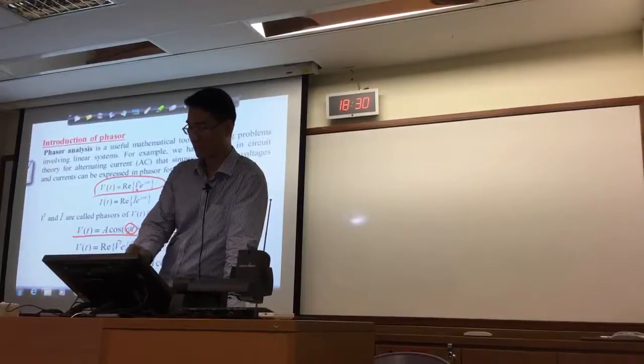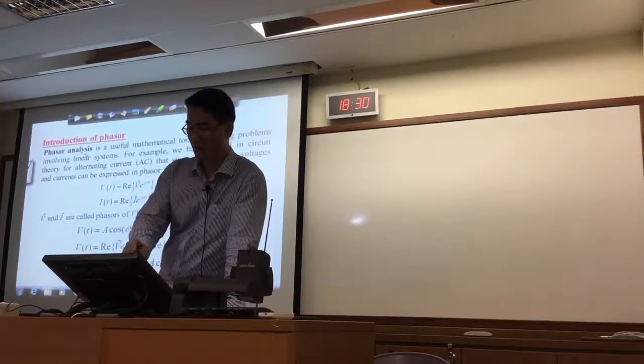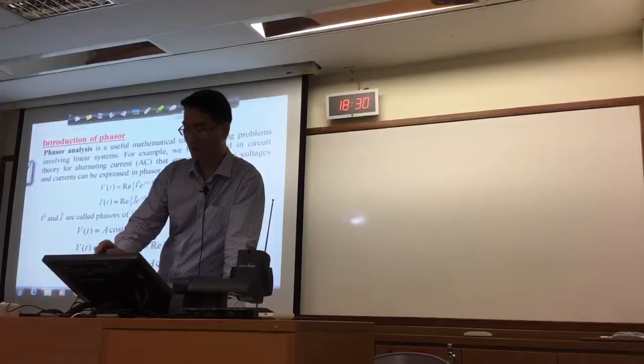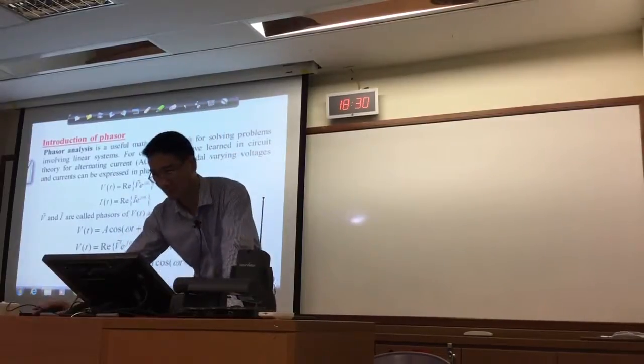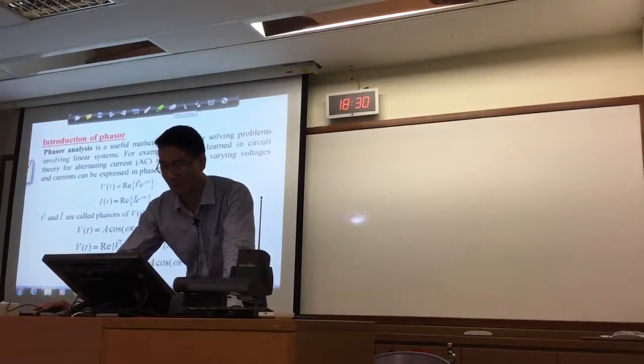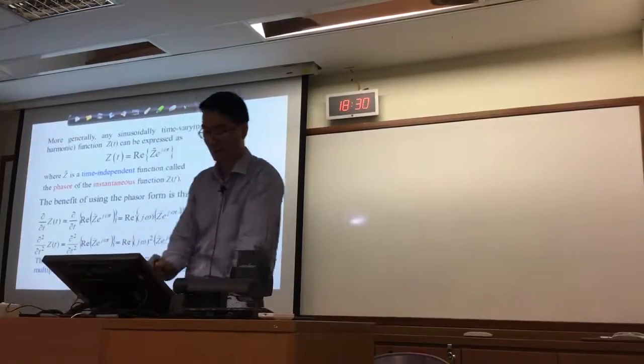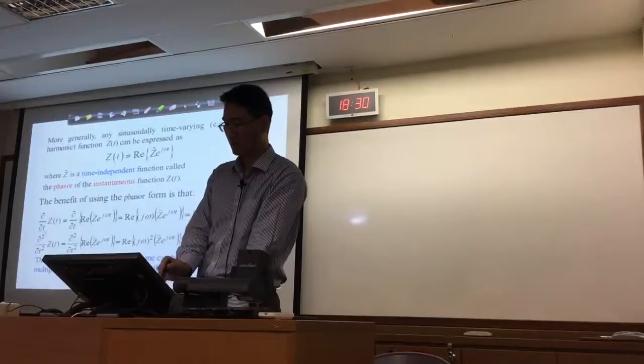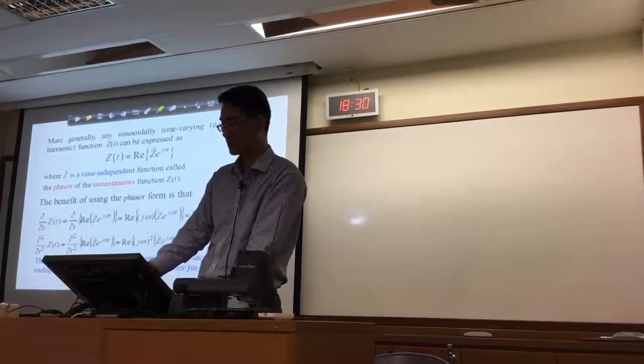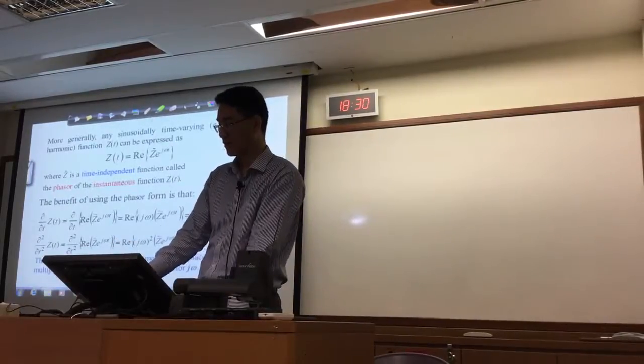The benefit of introducing the phasor form is that derivatives become simpler. For instance, the first order derivative with respect to t becomes just j omega in the frequency domain.